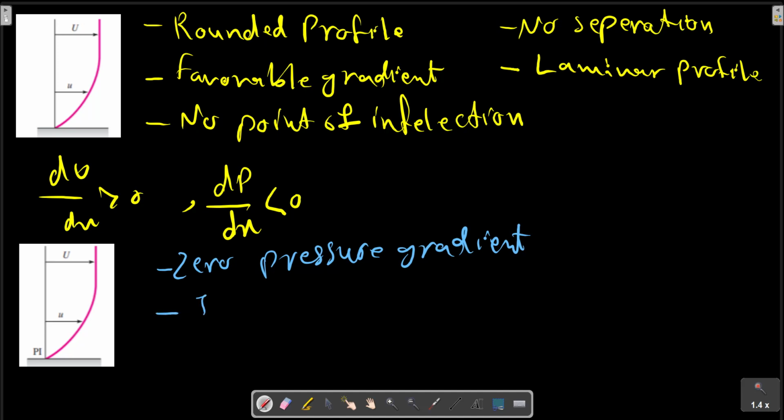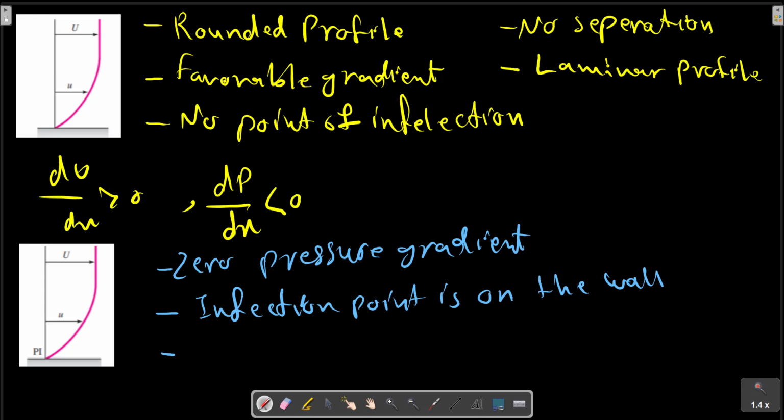There can be no separation, and the flow will undergo transition.